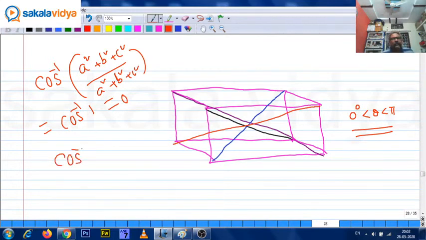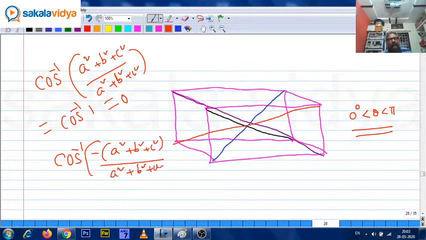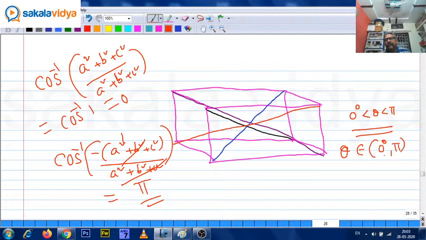Cos inverse of minus, common, all minus sign, a square plus b square plus c square by a square plus b square plus c square. This cancels, you get minus 1. Cos inverse minus 1 is pi. See, the angle must be in between 0 to pi. That means theta belongs to the open interval 0 comma pi. 0 is not included and 180 degrees is not included.